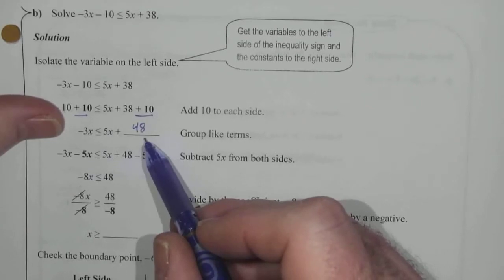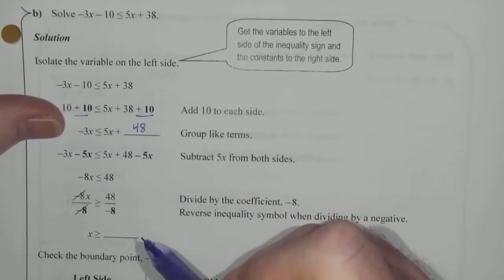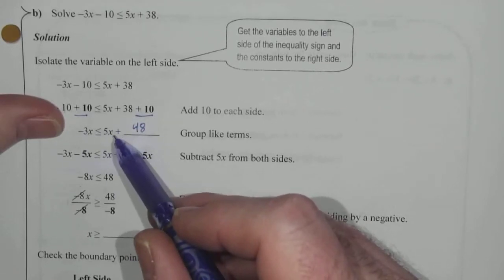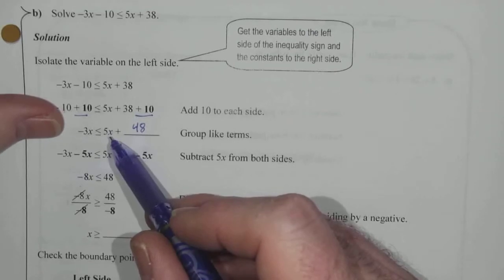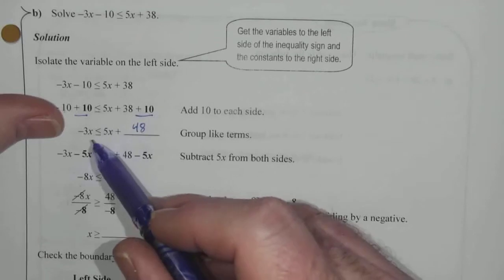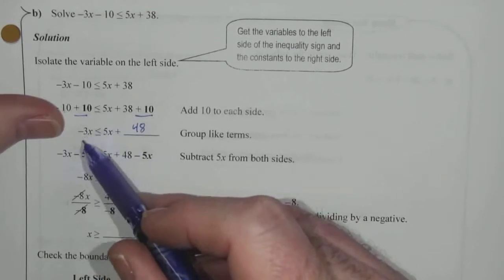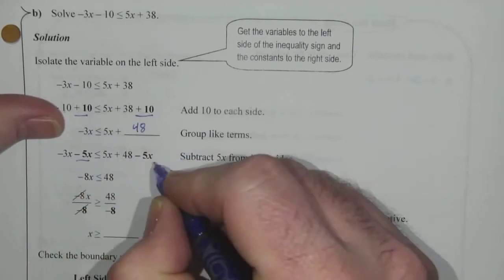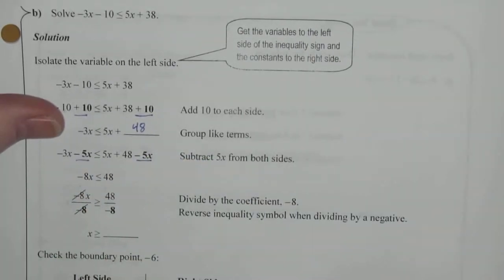It's a little easier to look at. We need to move this 5x to the other side. This is the same as saying plus 5x. It's a positive number, so we can say that that's plus 5x. So we need to subtract 5x from right to get rid of it on this side, and that'll put it over on this side. So we're going to subtract 5x from both sides.